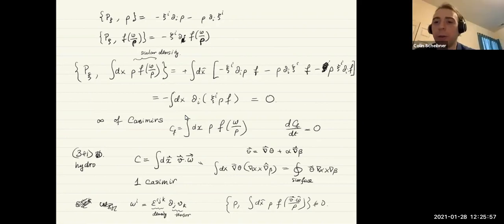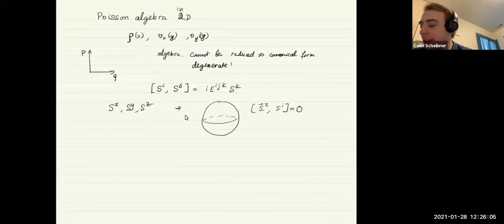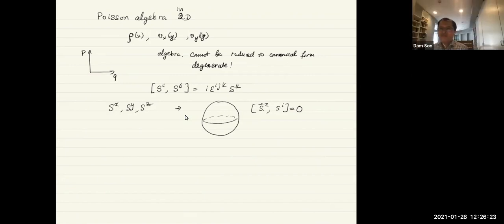I had a quick question regarding the example you provided with the spin. In the spin example, you start with these 3 generators, and then lo and behold, there's one Casimir. Is the difference between that and the fluid or hydrodynamic example we just did, where we start with 3 fields and we get an infinite number, just because we have fields?